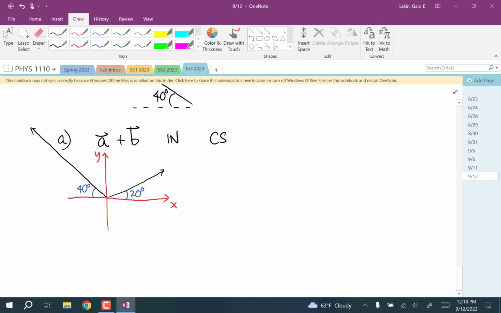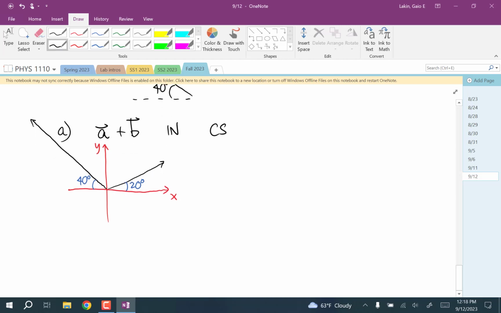For the components of A, what's the counterclockwise angle from the positive x-axis to this vector here in the first quadrant? 20, yep, that's right. So this is just the magnitude of that vector, 10, times the cosine of 20 degrees, and then 10 times the sine of 20 degrees. Do this calculation. Make sure your calculator's in degrees and not radians. And this comes out to be 9.40, 3.42.